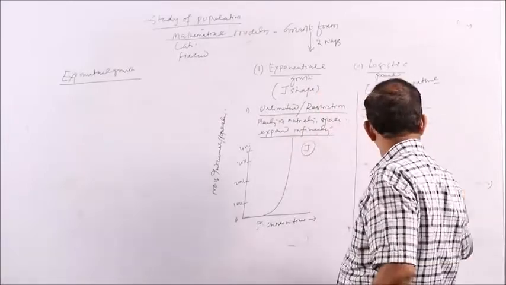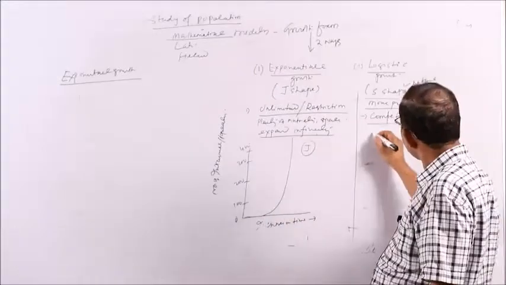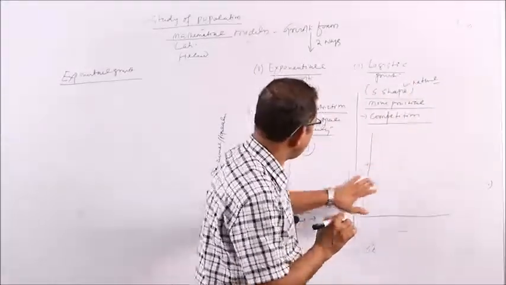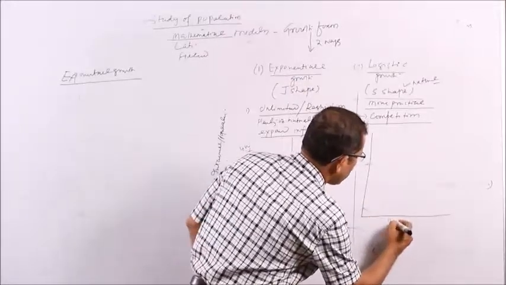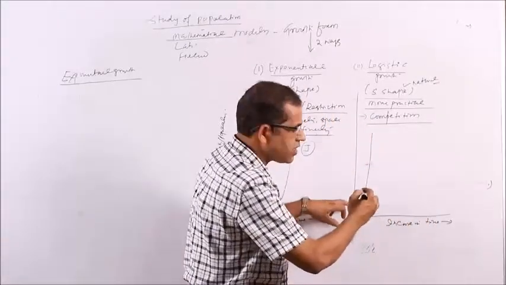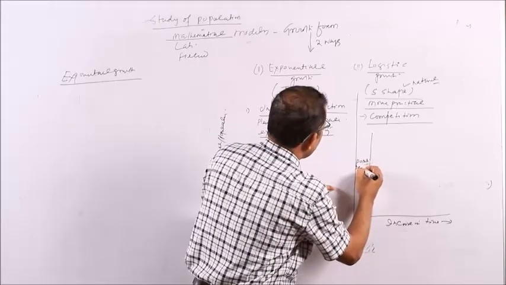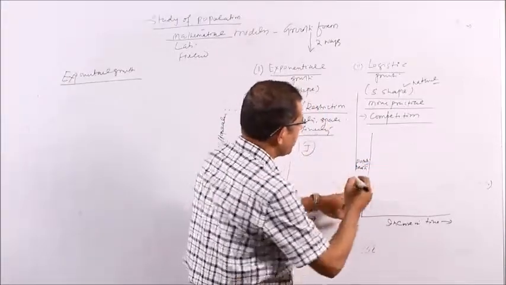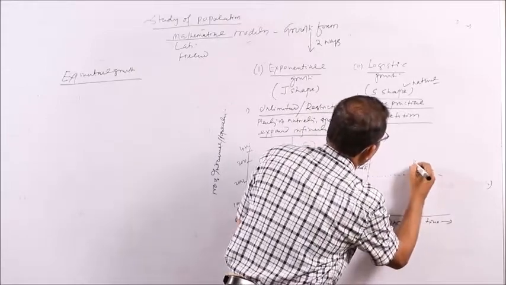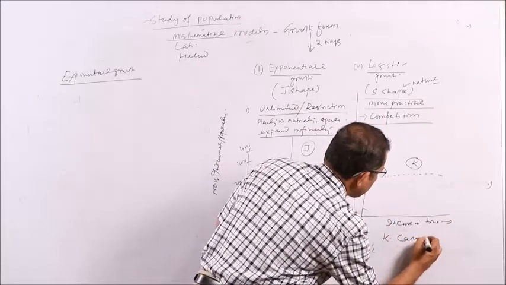But when you take the logistic one, you will find the graph is a little bit different. Same thing, with increase in time, here you will find the population, let us say the density. Here you will find one zone. This is called your K. K stands for carrying capacity.